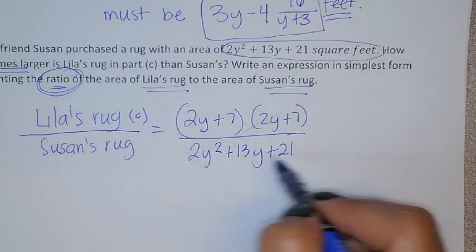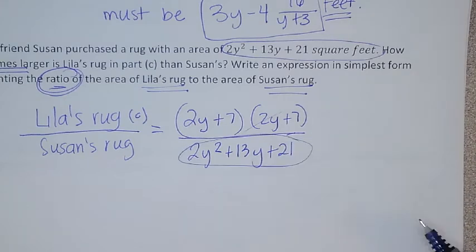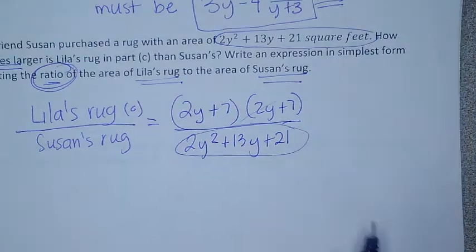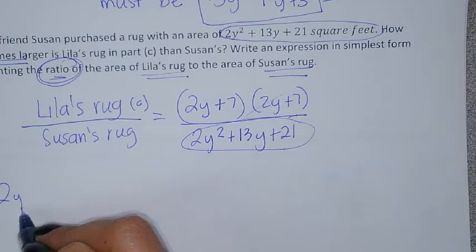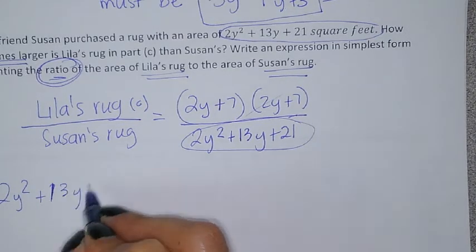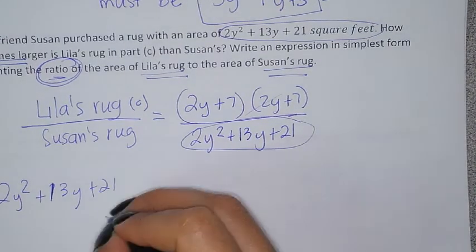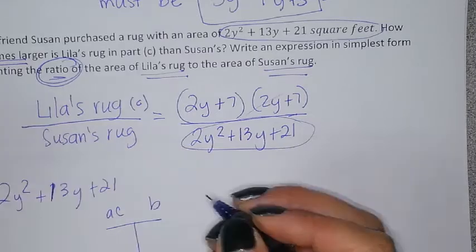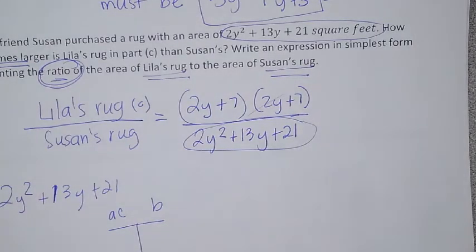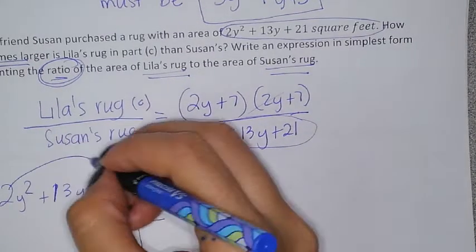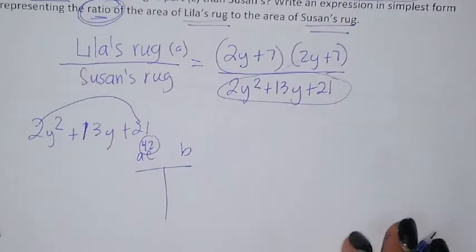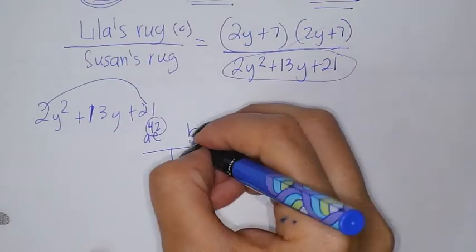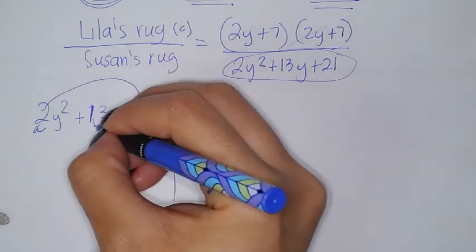But for Susan's rug, I'll have my AC and my B, okay? So Susan's rug would be, AC would be 42, because 2 times 21 is 42, and the B would be 13. Remember, this is your A, your B, and your C.